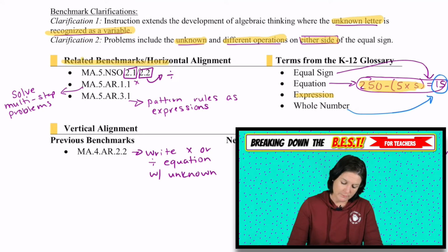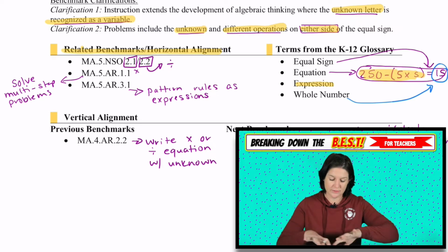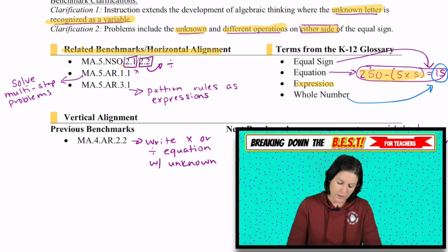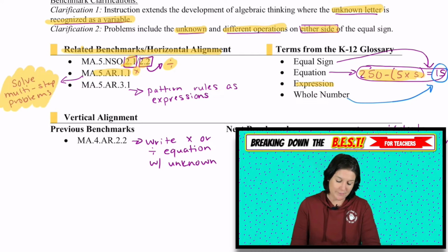Some of the related benchmarks that might apply and either help us in this standard or help us in future standards would be 2.1 for the NSO standard, which is our multiplication standard. 2.2 is our division standard with whole numbers. 5.AR.1.1 is our solving multi-step problems, which definitely comes into play here.